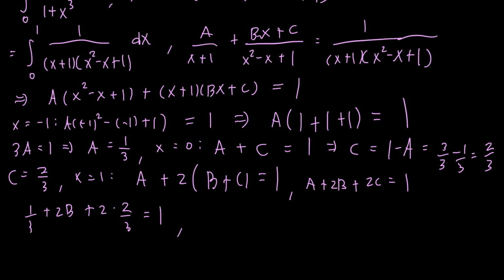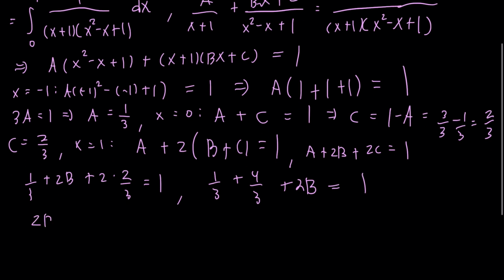So we have 1/3 plus 4/3 plus 2B is equal to 1. So we have 2B plus 5/3 is equal to 1.